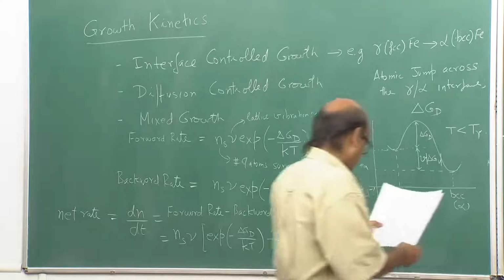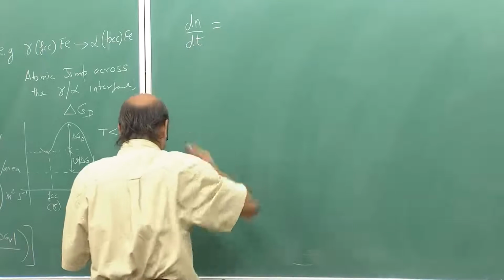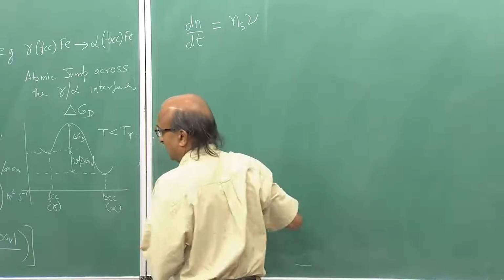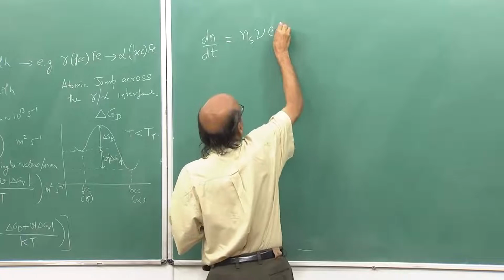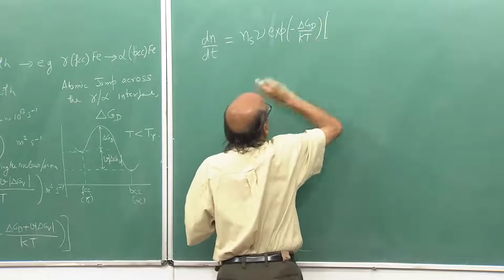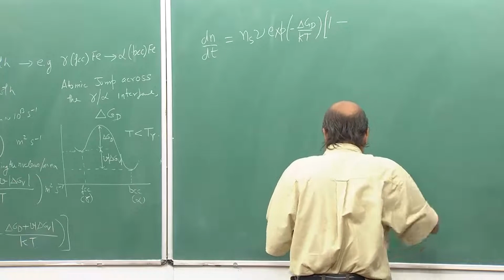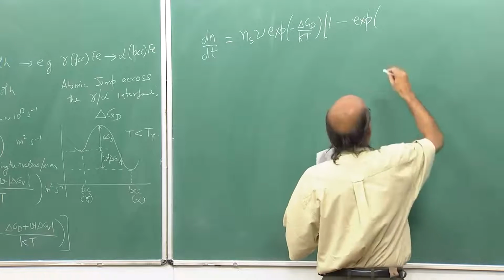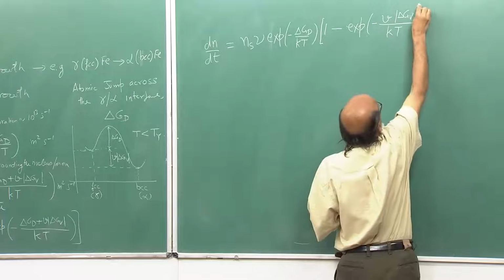Let me just rearrange some of the terms to write the net rate dN by dt as Ns nu, and I take out exponential minus delta GD upon KT common out of the brackets, and I will get inside the square brackets 1 minus exponential minus V delta GV divided by KT.